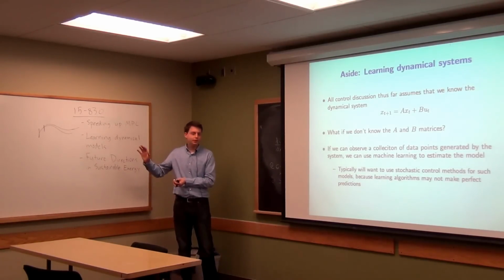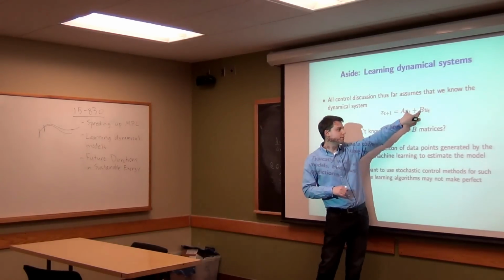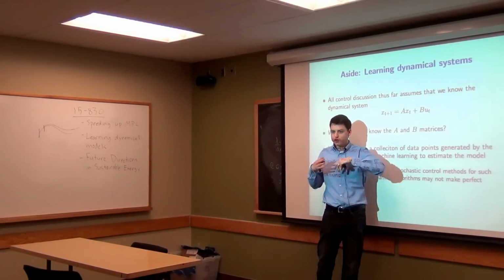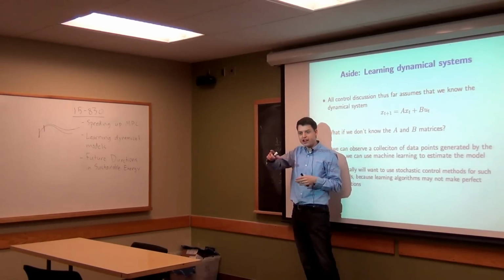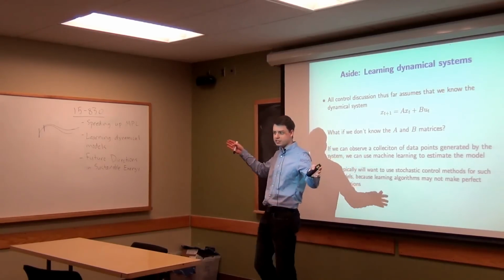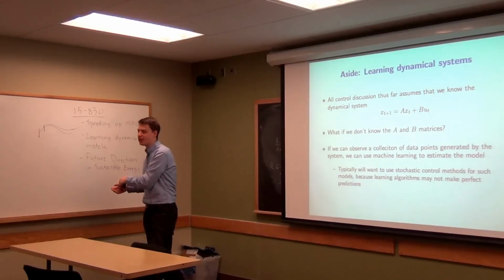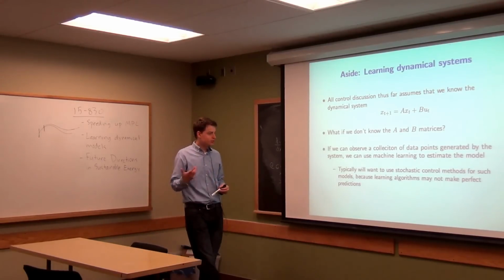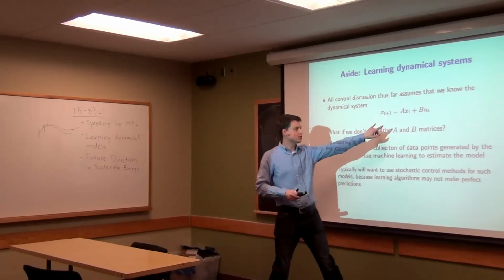The basic idea is, even if we don't know A and B, if we observe a whole sequence of state, input, next state, input, next state, etc., we can use machine learning to learn these models.